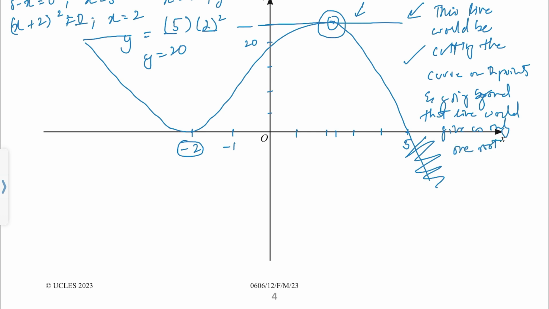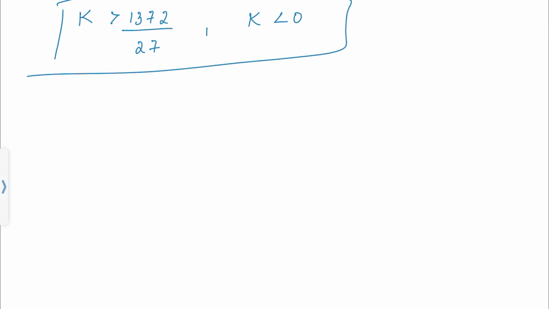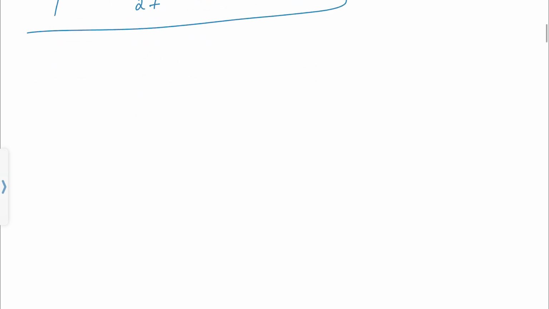Why? Because this would be cutting only over here. No point of intersection here. No point of intersection. Now, moving on. So this is our final answer. K should be lesser than 0 and k should be greater than 1372 over 27.